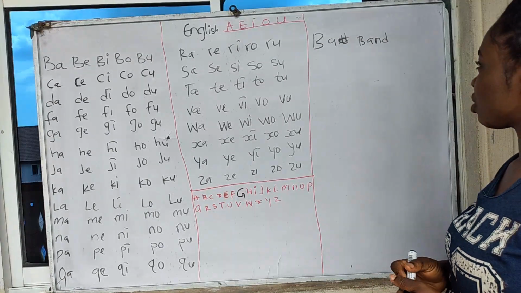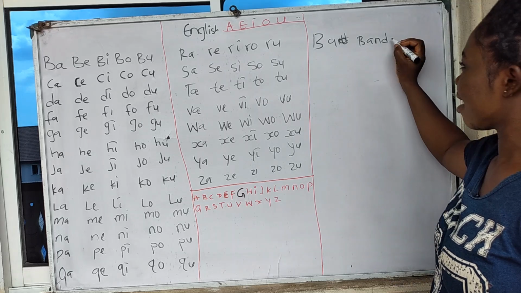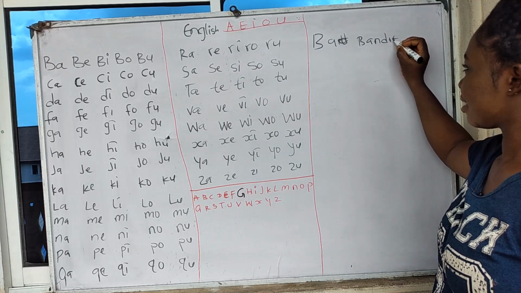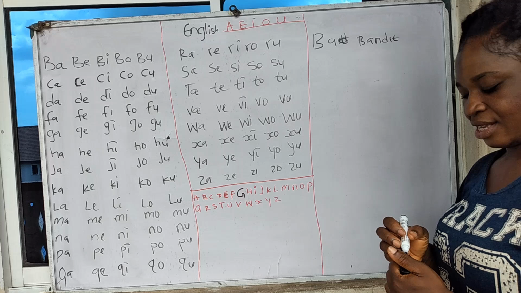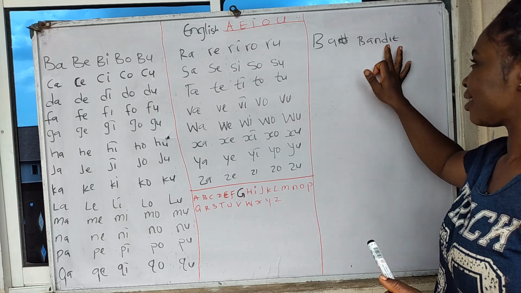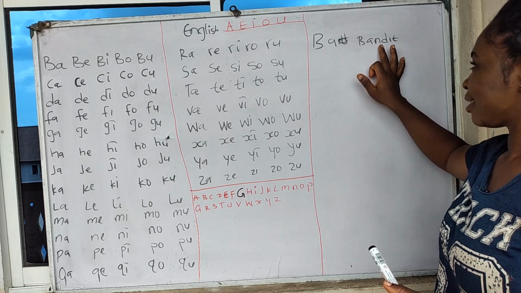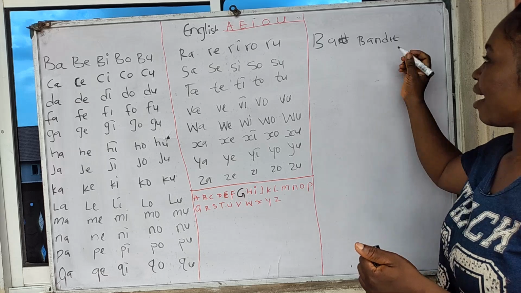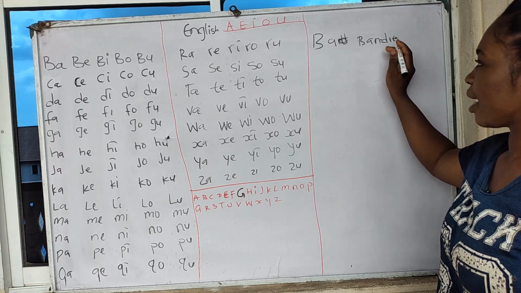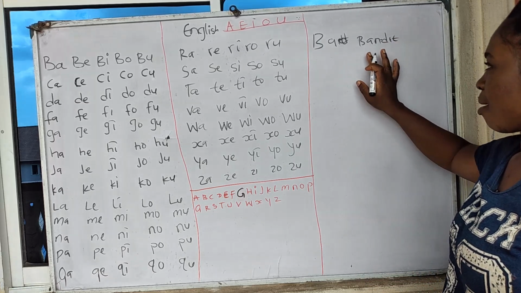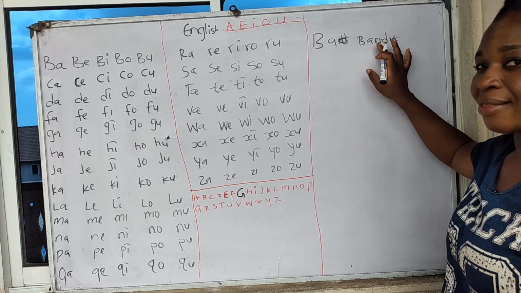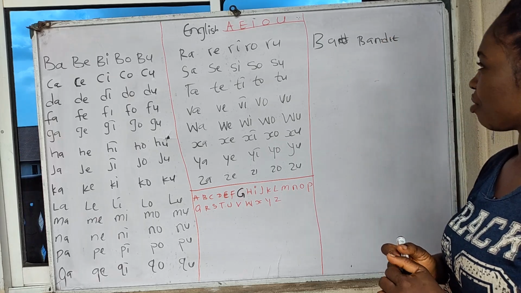Okay, you can decide to add maybe IT here. This is IT. It will give you bandit. You can see that here now the word is split. It's now in twos. Bandits.